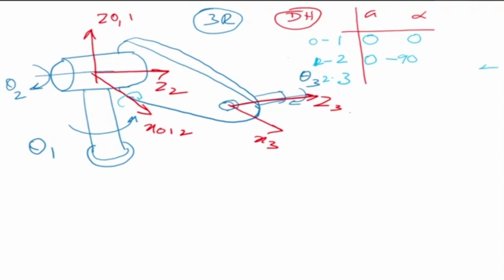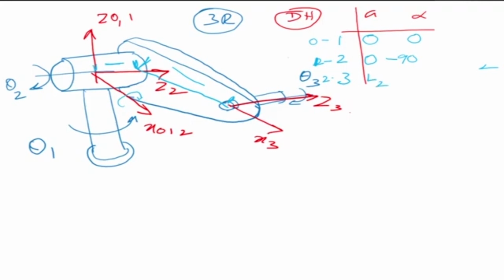Okay. Then for the third one, where is the third axis? Now for the third axis, you see that this X is here on this plane, if you can imagine. So there is a distance here, and plus there is a distance here. So there is a link length here, and plus there is an offset distance there. So what is A? A is the distance between the Z axes.